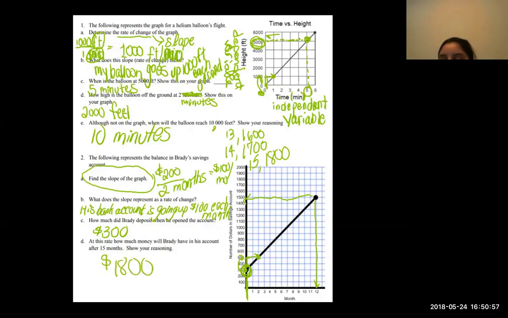Nice. Is this pretty simple, these applications of graphs? Yeah? Okay, so let's look at them when they're just straight up word problems, no graph. That can be harder for us to realize that it's the same kind of problem.